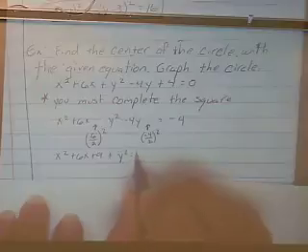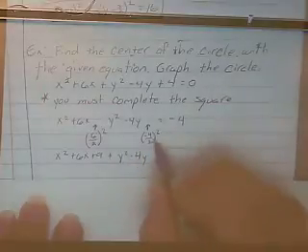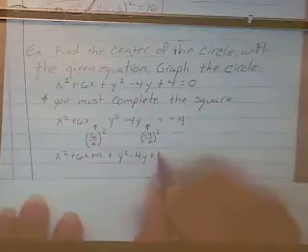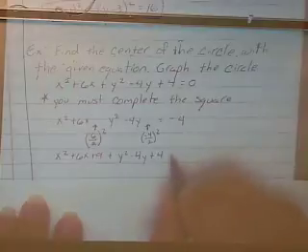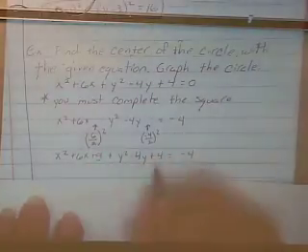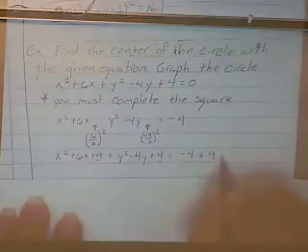We'd have our y squared minus 4y, and negative 4 divided by 2 is negative 2, and negative 2 squared is positive 4. And we remember, whatever we do on one side of our equal sign, we have to do on the other side.